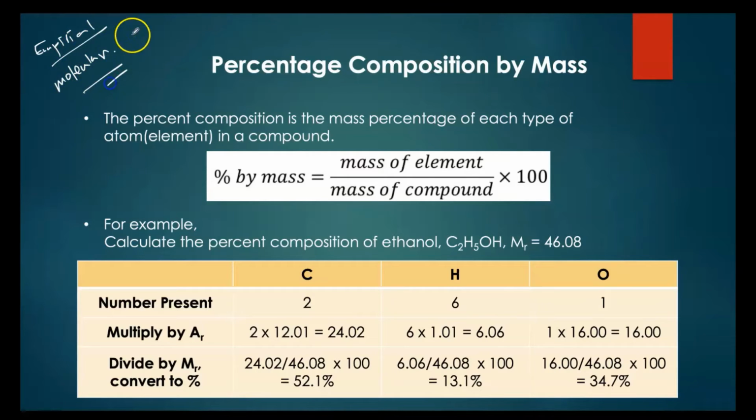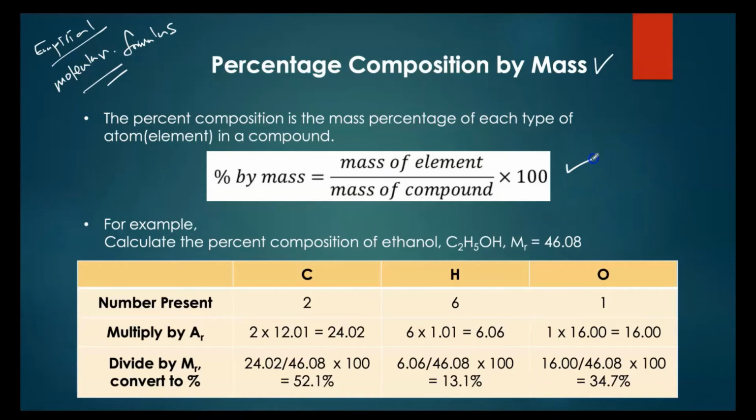To calculate these two formulas, you need to know how to calculate the percentage composition by mass. You first need to know how to calculate this. The percent composition is the mass percentage of each type of atom or element in a compound.